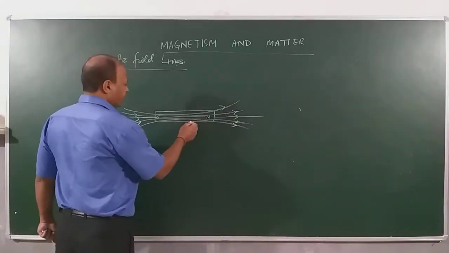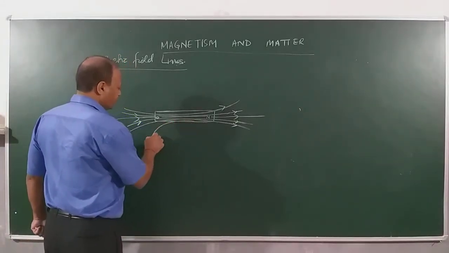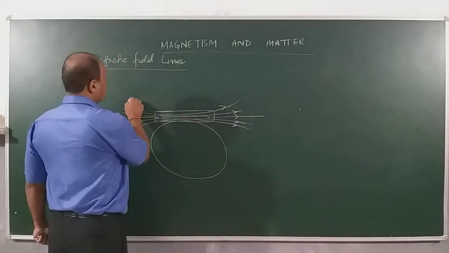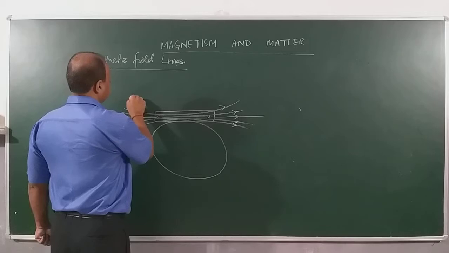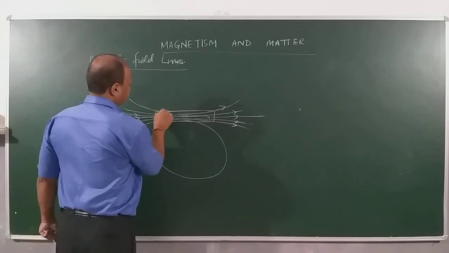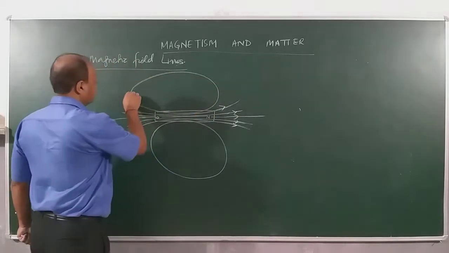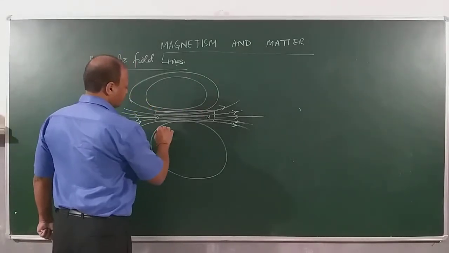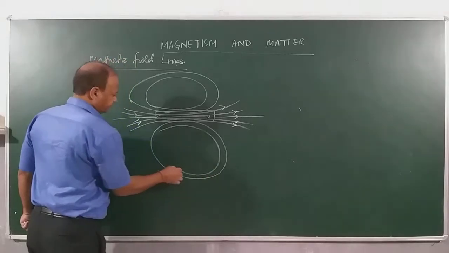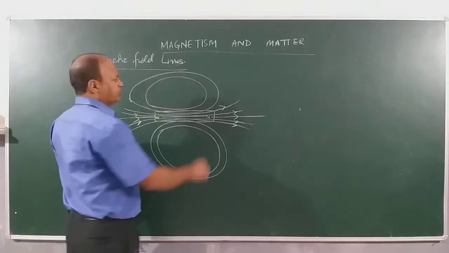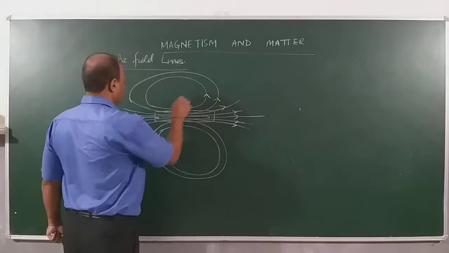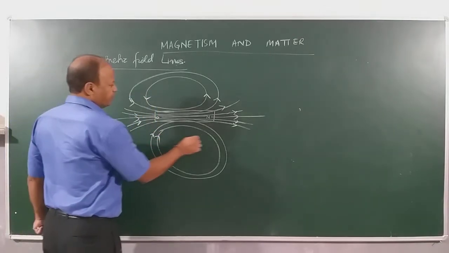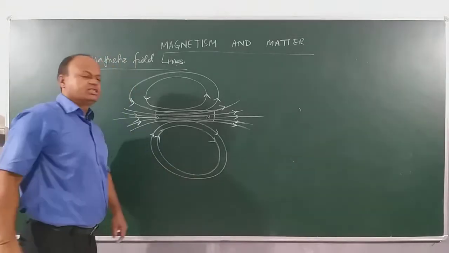But when you move away like this, you find the lines are forming what? Closed loops out here. Right, and then we have more lines like this, and all these lines will be going away from the north pole and entering into the south pole. So these are magnetic field lines.